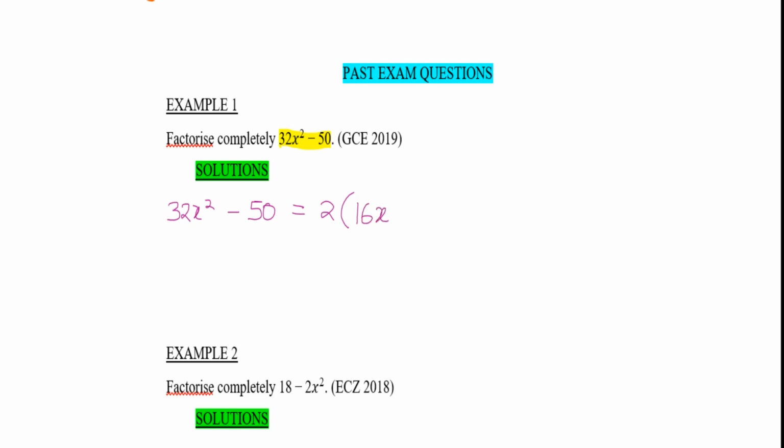X squared is just a variable without any other common variable, so it doesn't have a common factor. Then if you factorize 2 from 50, we get 25. Some of us might think this is the answer, but this is not yet the answer, because in the brackets here we have another factorization method.